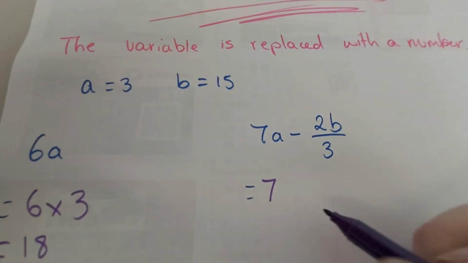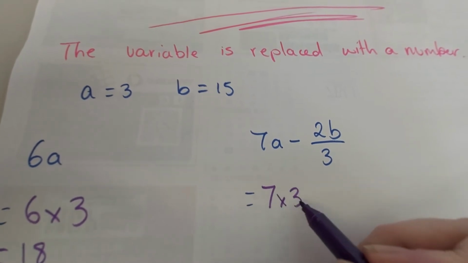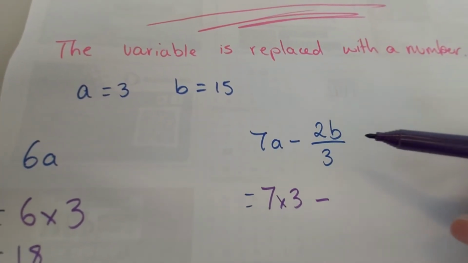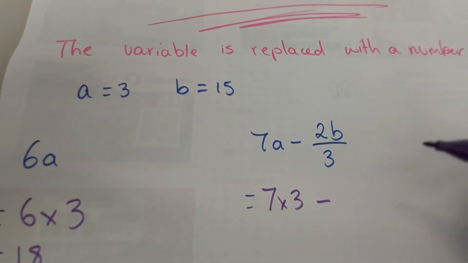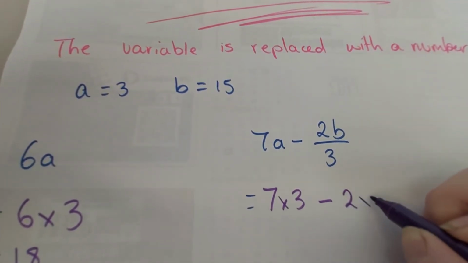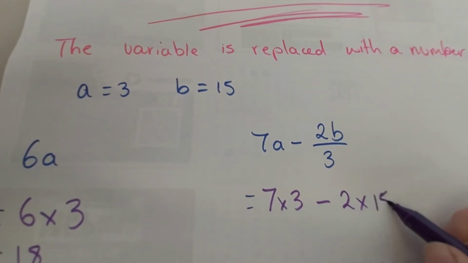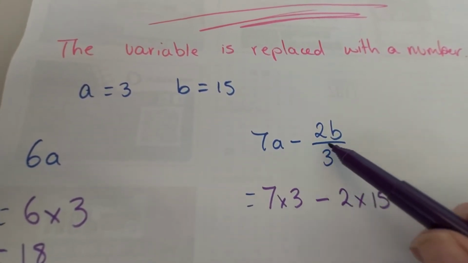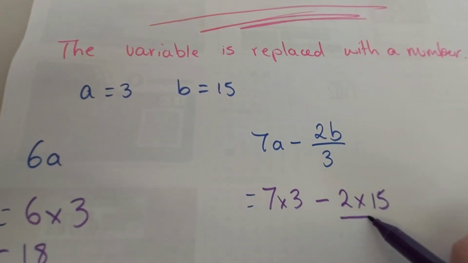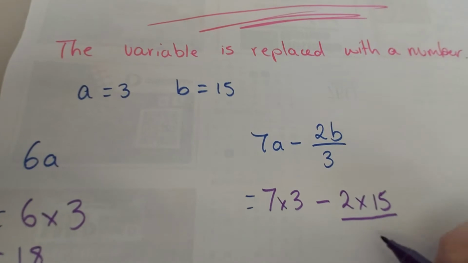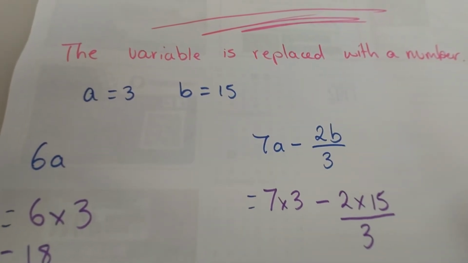So it's going to be 7 times 3, okay, minus 2b, all right? Again, that's going to be 2 times b, which was 15, okay? Now, we know that this means divided by, but for the sake of keeping it all nice and easy to understand, I'll just put it like this, divided by 3, okay?